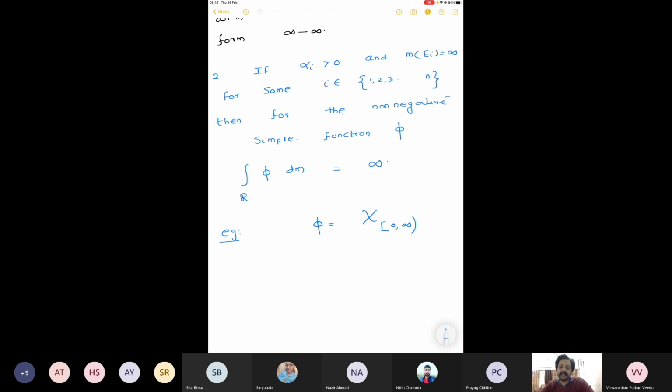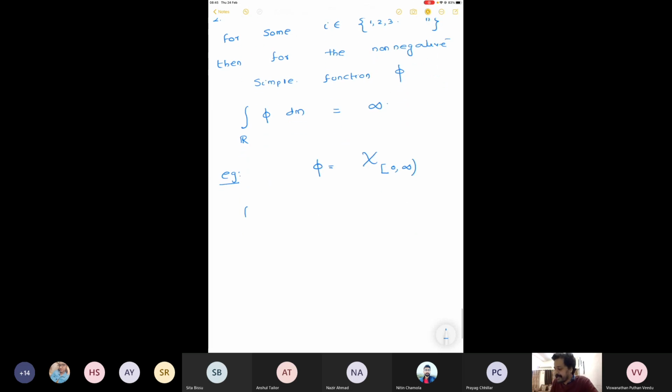Is this a non-negative function? Yes, sir. Is it a simple function? Yes, sir. It takes only two values, a finite number of values only, 1 and 0. Okay, so I can integrate this, right? What will be the integral over R of phi dm?